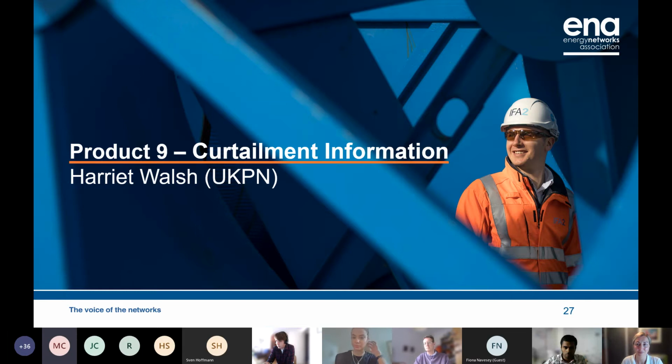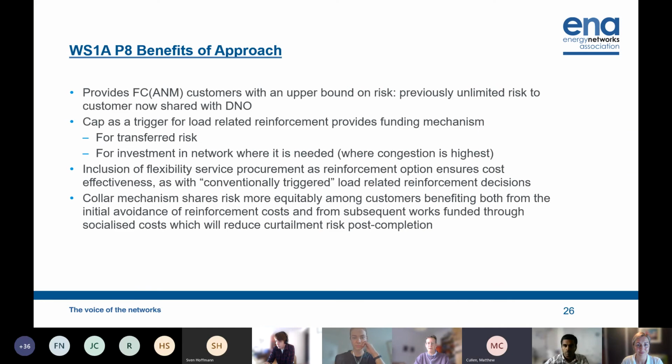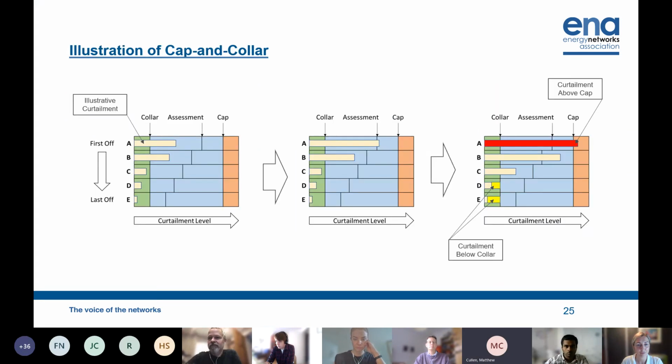Sorry, before we move on to product 9, can I just ask a quick clarification question as Sven? Yep. Do you want to fire away? Yeah, sorry, can you bring back the pictures?